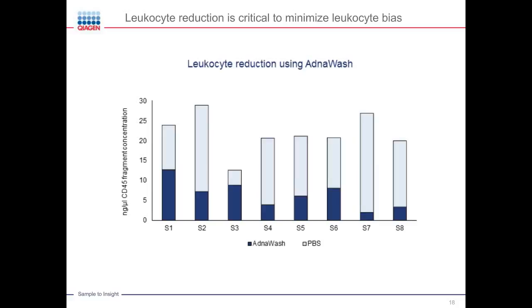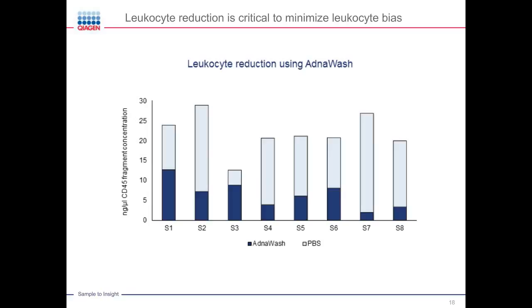Illustrated here, you can see the CD45 signal that we get with AdnaWash and without AdnaWash, and you can clearly see that the fragment concentration without the AdnaWash is dramatically higher, given here in nanogram per microliter. It gets dramatically reduced if you use the AdnaWash buffer during the cell enrichment process.